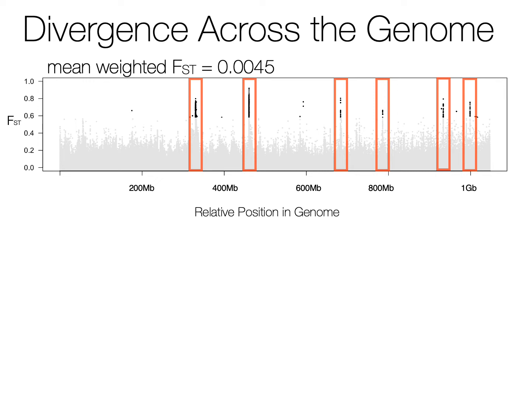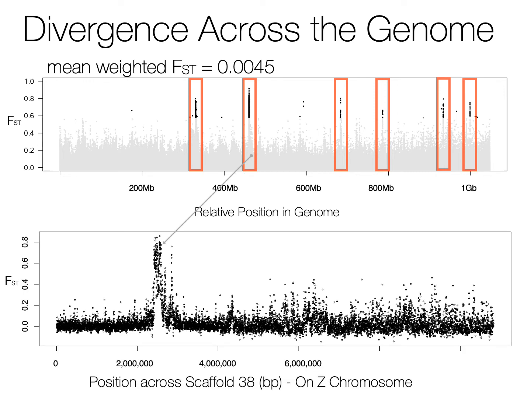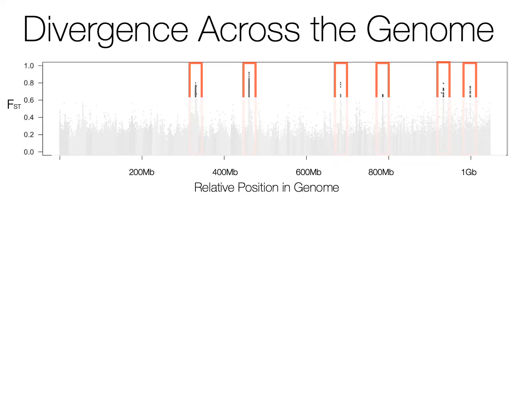And not only are there only 6 divergent regions, they're also quite narrow, which again helps us understand why previous attempts to find nuclear genetic differences between blue-winged and golden-winged warblers failed. So we can then ask, what is near these divergent regions?